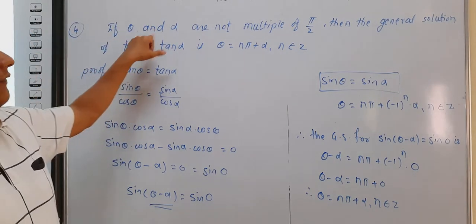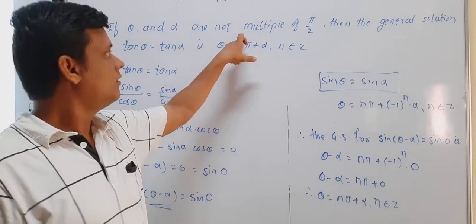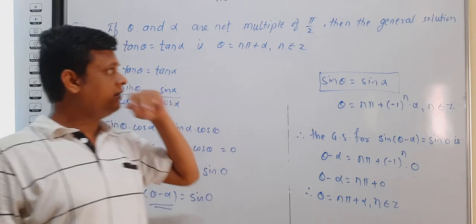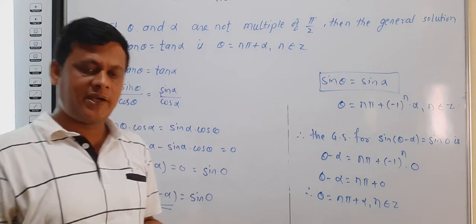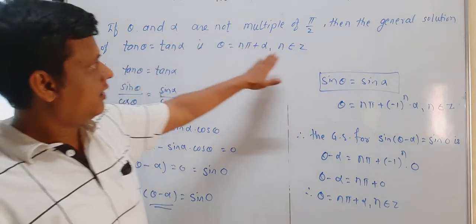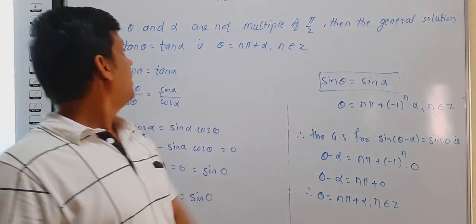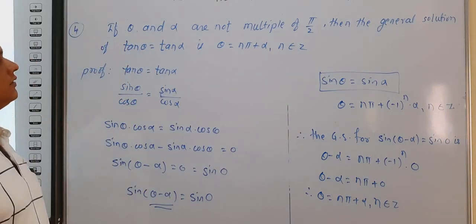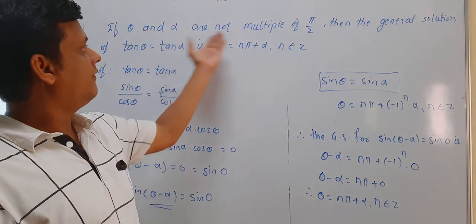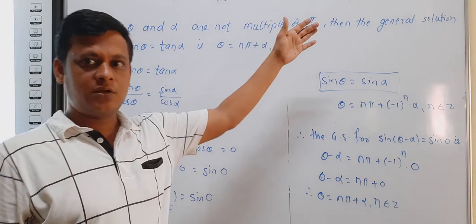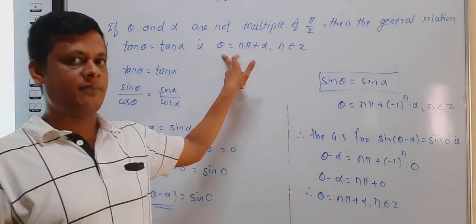If theta and alpha are not multiples of pi by 2, we know tan 90 degrees cannot be defined. So for excluding the values of theta and alpha equal to pi by 2, we get the general solution: tan theta equals tan alpha, theta equals n pi plus alpha.